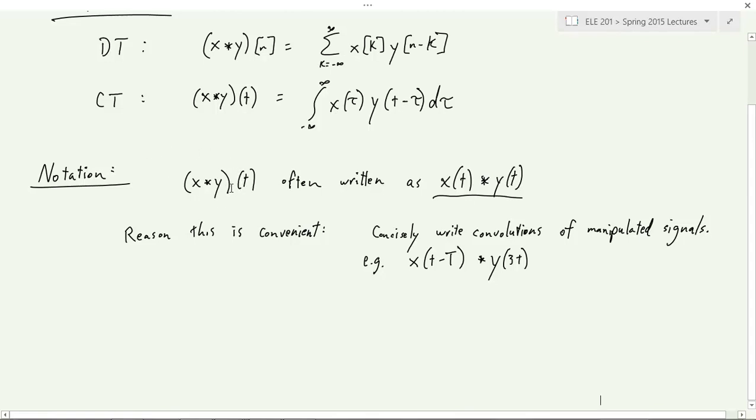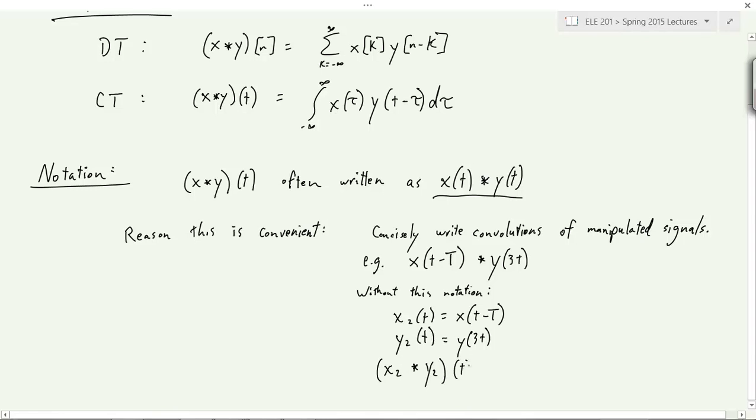Under that more precise notation, if we wanted to do the above, we would have to define a new signal, x2 of t, equal to x of t minus cap T, and define a new y2 equal to the time-scaled version of y. Then you would take the convolution of x2 and y2, which is a signal of time. It just took a little more writing. So that's really the main reason why we would use the notation above.